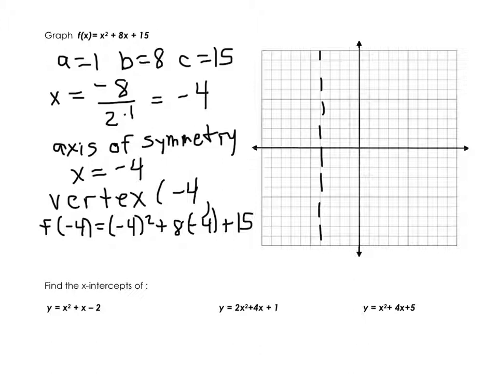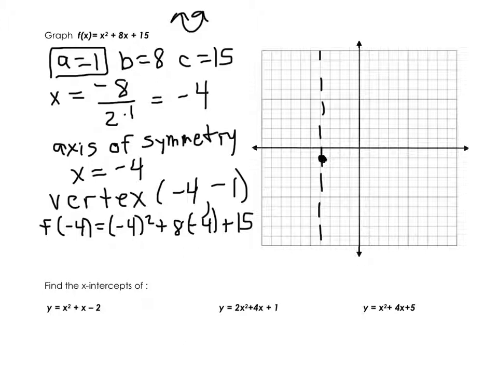Negative 4 squared is 16 minus 32 is negative 16 plus 15 is negative 1. Negative 4, negative 1 is our vertex. Does this parabola point up or down? We look at the value of a. A is 1, it is positive, so this parabola points upward.